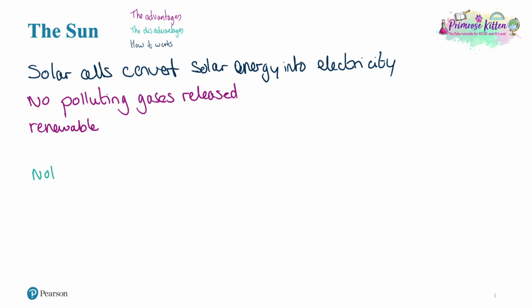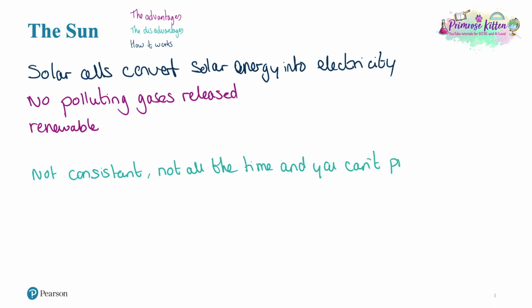The sun isn't going away anytime soon. However, it is not consistent. It is not always there, not the whole time, and we can't turn it on and off. Large solar farms are needed to produce the amount of energy we need.